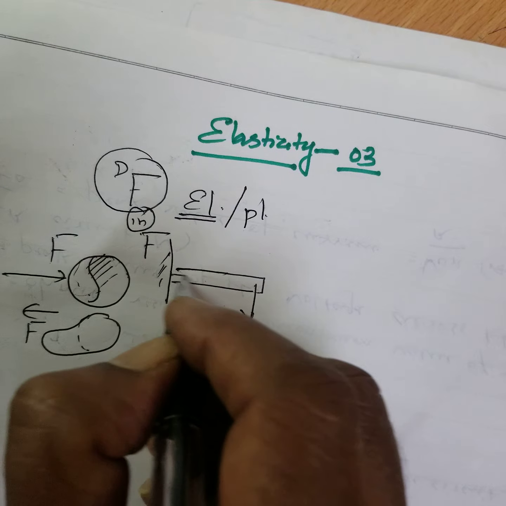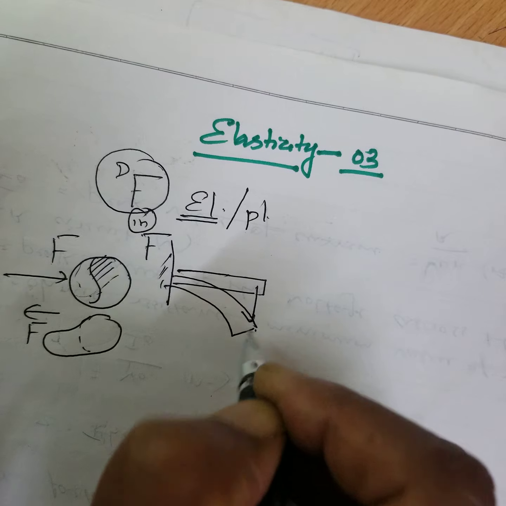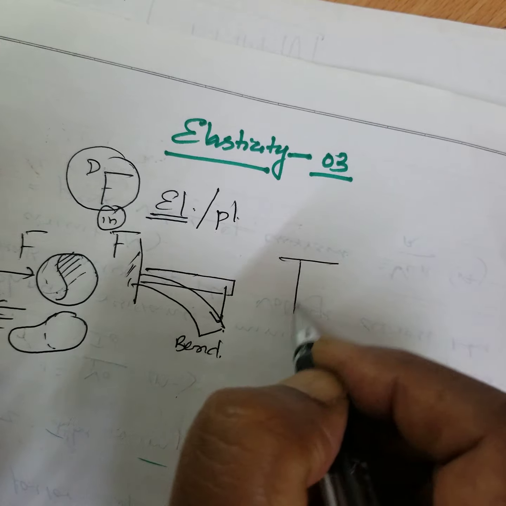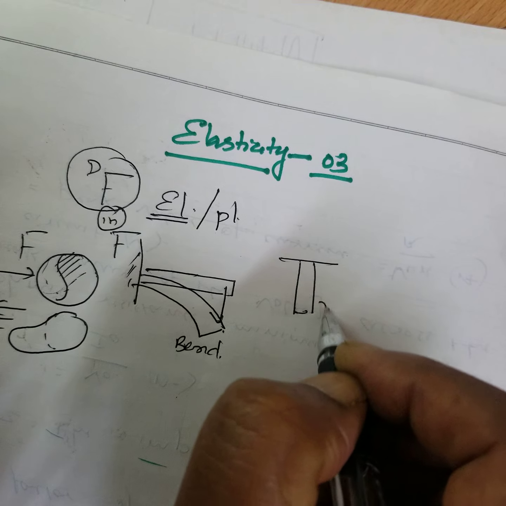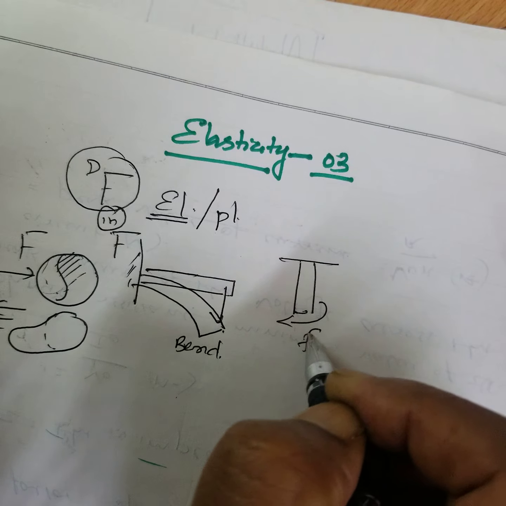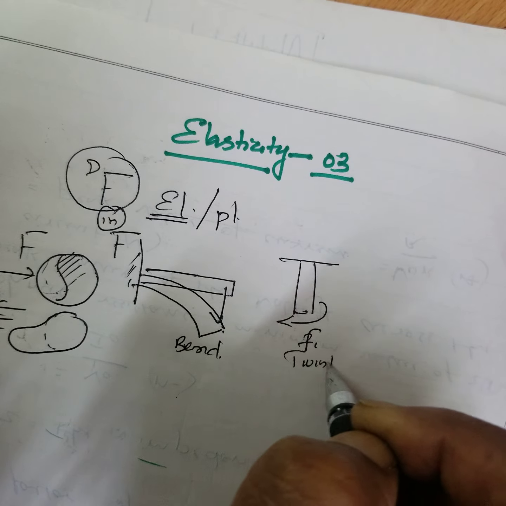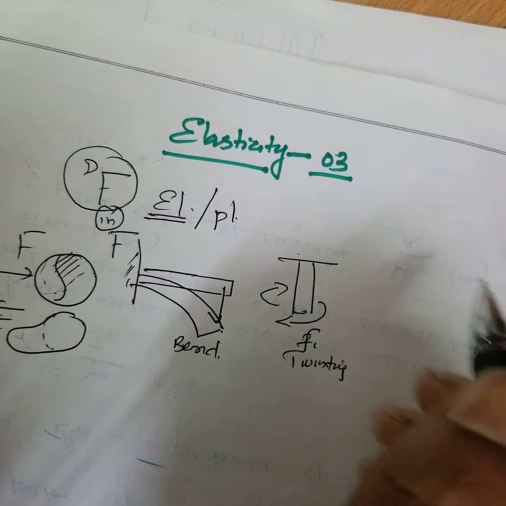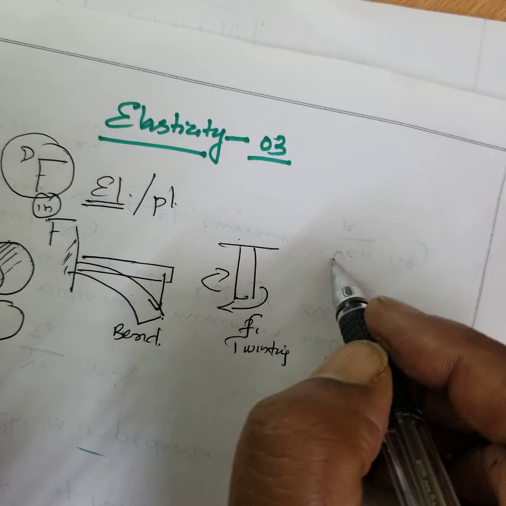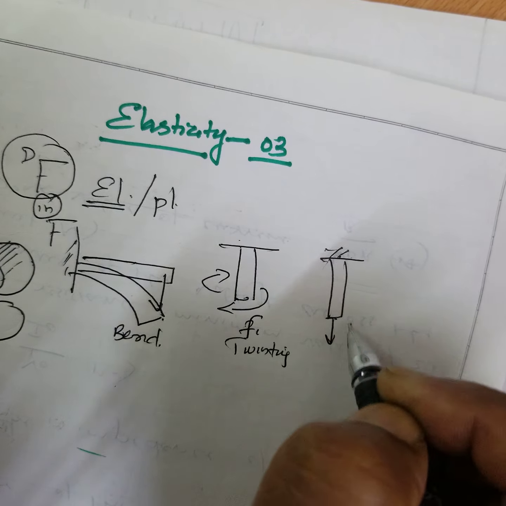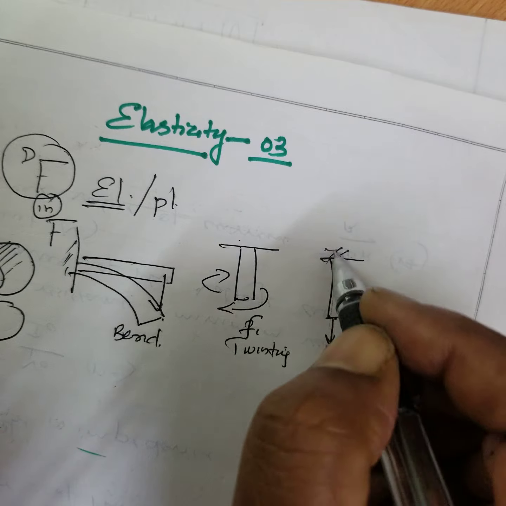Apply a force, the rod can be bent. That is bending. Or if there is a rod, I can apply a force in this direction. This is called twisting. I can twist the rod and you can stretch it by applying a longitudinal force.